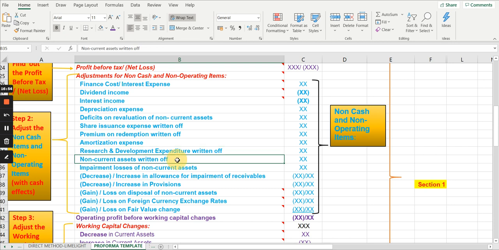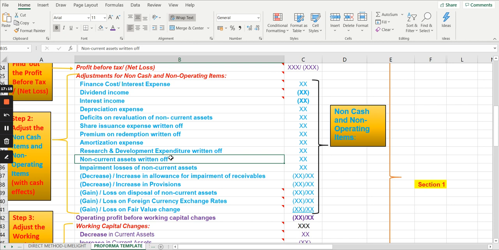Non-current asset written off, okay, when assets are no longer able to generate future economic benefits for the company, maybe not really a disposal, you write off because it cannot produce future economic benefits, right? So those assets are written off to the profit.